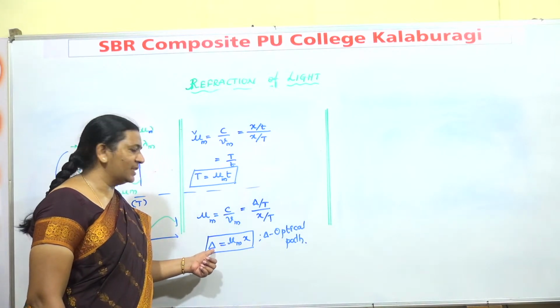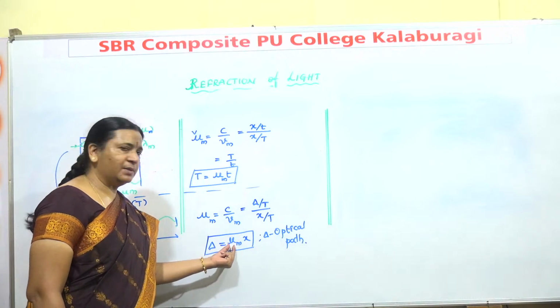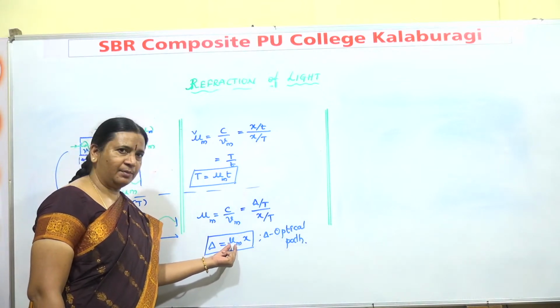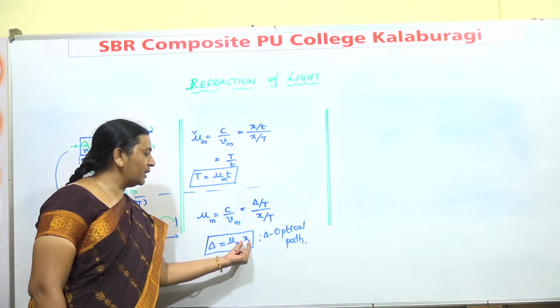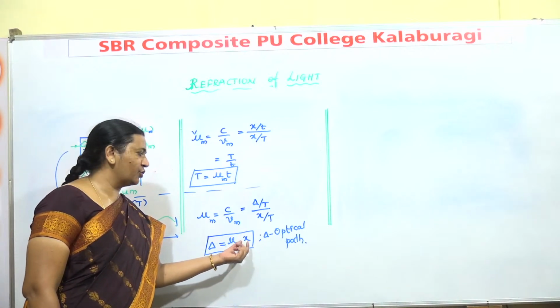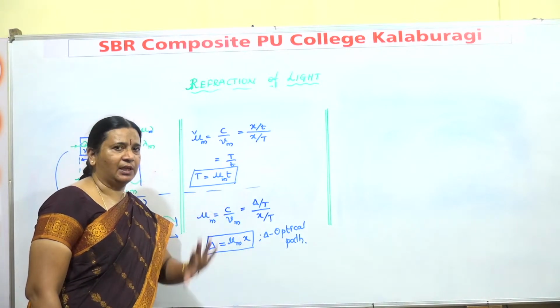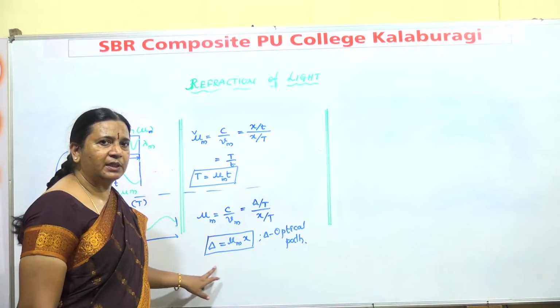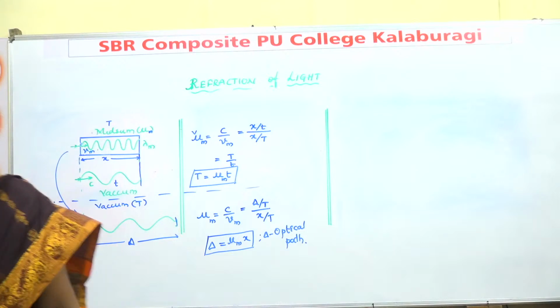Optical path is that distance which is mu, the refractive index of that given medium, times the geometrical length or geometrical distance traveled by the light in the given medium in the same time. That becomes your optical path. These are just for the knowledge you should know.